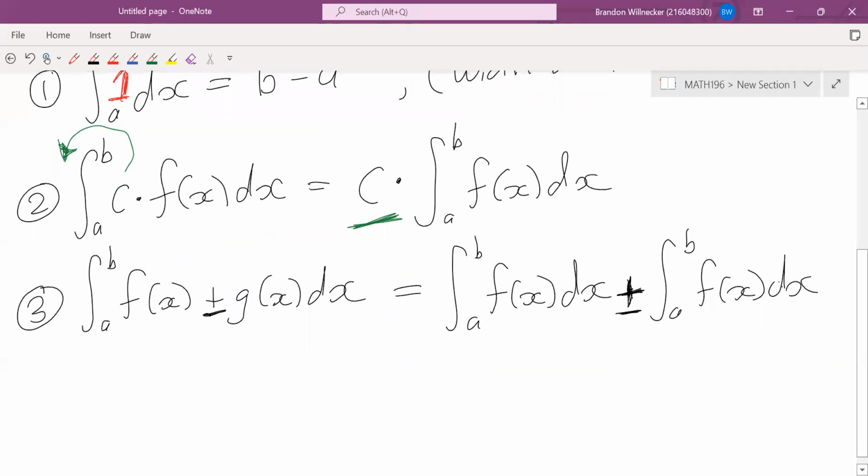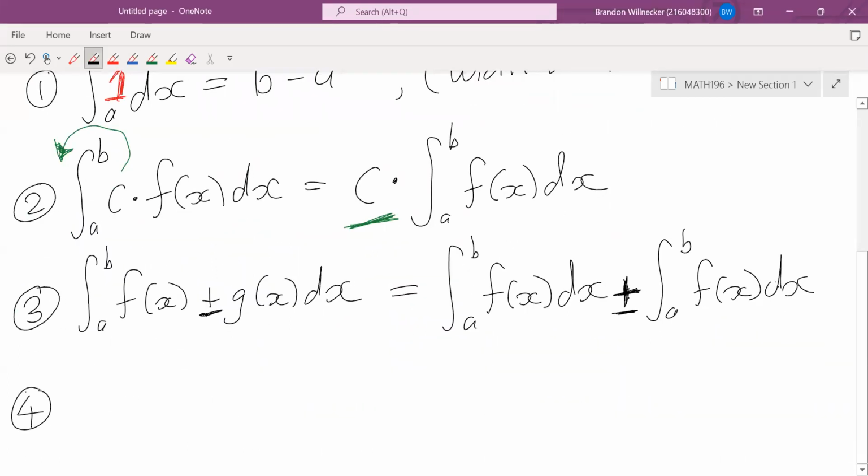And then the last property, number 4. This one is what happens if you're multiplying your integral by a negative number, or if you have a minus sign, anything like that.